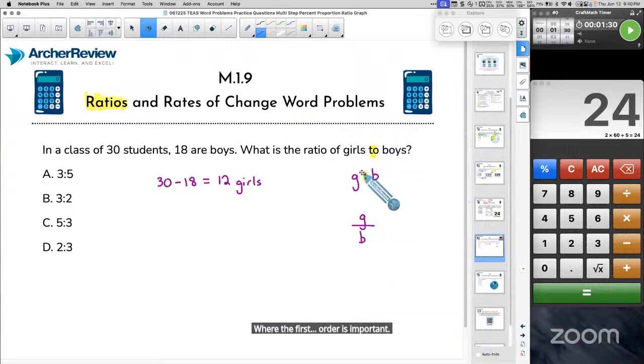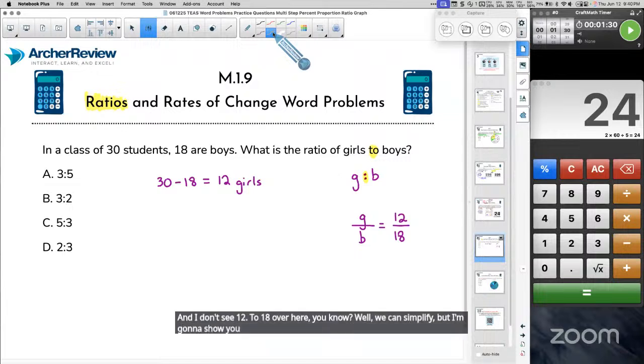Girls to boys: girls has to come first, or the girls need to be the numerator in the fraction. Order is crucial. And the reason I mentioned the fraction, let's look at girls over boys. Girls is 12, boys is 18, and I don't see 12 to 18 over here. Well, we can simplify, but I'm going to show you some calculator shortcuts. Hang tight.